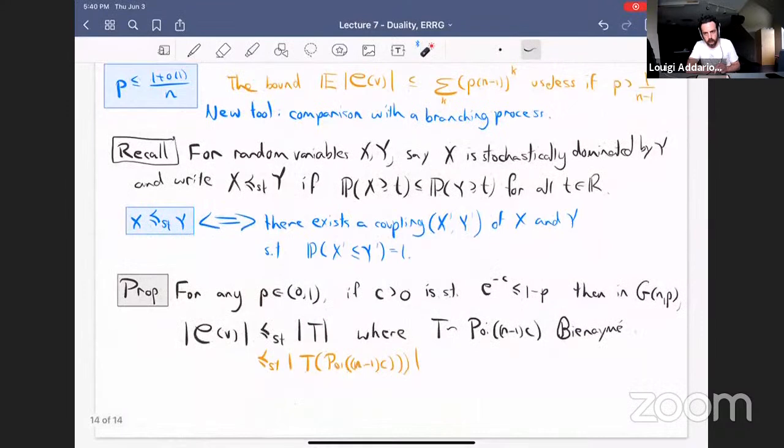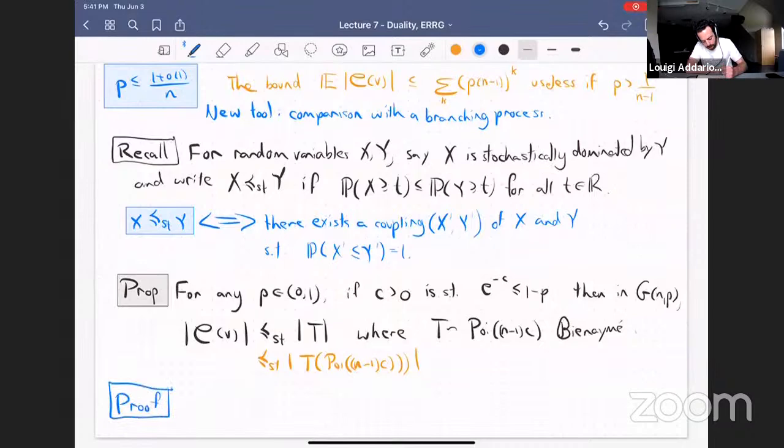And you can see why this might not be very useful if c is big. You want (n minus 1)c to be something not too big, right? So c should maybe be of order 1 over n or something like that, or else you have a branching process that has huge numbers of offspring.